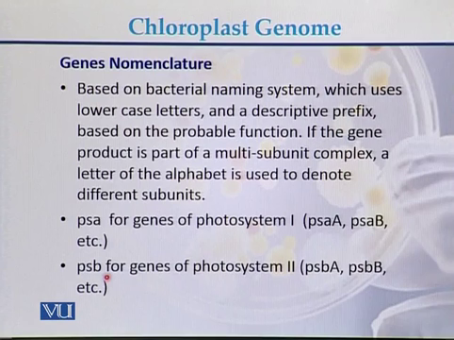So psb genes are all those involved with photosystem 2. Here the examples are psbA, suppose gene number 1, and psbB, gene number 2. So there is a specific nomenclature system while naming the genes present on the chloroplast genome. These are the two examples.